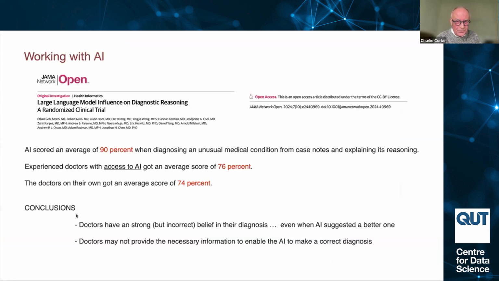And doctors on their own got it right 74% of the time. And this study sort of failed because they thought the doctors with AI would be better because they'd be correcting the AI errors. But of course, it wasn't that way round at all, because doctors have strong but incorrect belief in their diagnosis, and they didn't listen to their AI even when the AI was right.